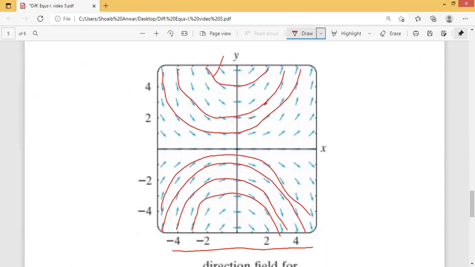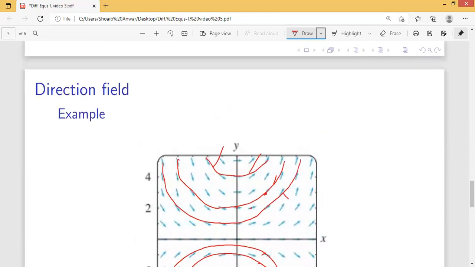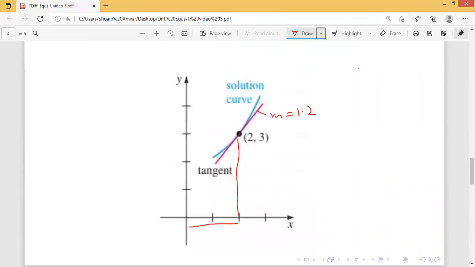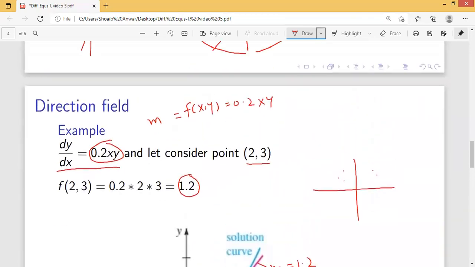These are different solution curves: 1, 2, 3, 4, 5, 6, 7, and many more. You can draw many more solution curves for different values of the constant in the solution, which you actually don't know. You just draw it from the differential equation without even knowing the solution of that differential equation.